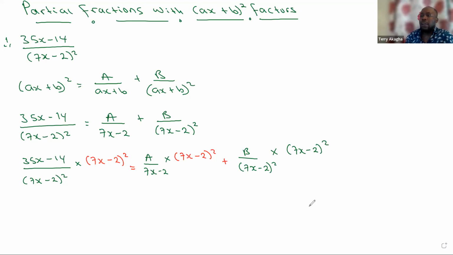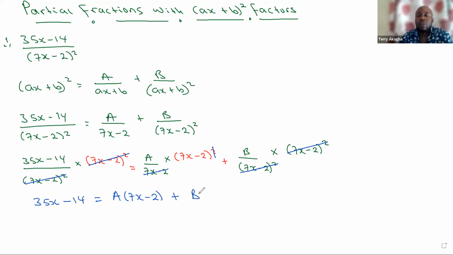Then as usual, you simplify. This will cancel that. So now it gives you 35x minus 14 is equal to, and we just cancel one of these, so a times 7x minus 2, plus, this we cancel, plus b.